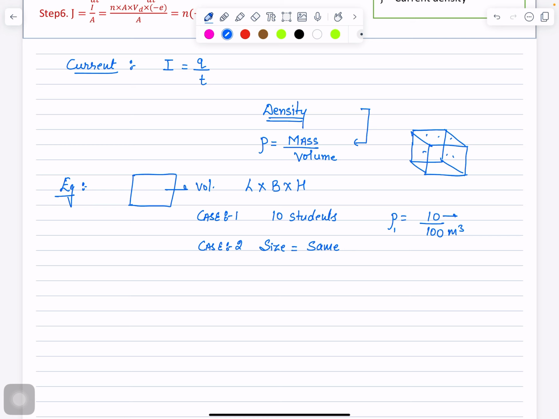So let's say we now have 30 students in the class, then what will happen? Now we have density 2, which is equal to 30 divided by 100 meter cube. You understand what is happening? We are increasing the mass, or the number of students, or the quantity. So on the quantity, density is directly proportional.